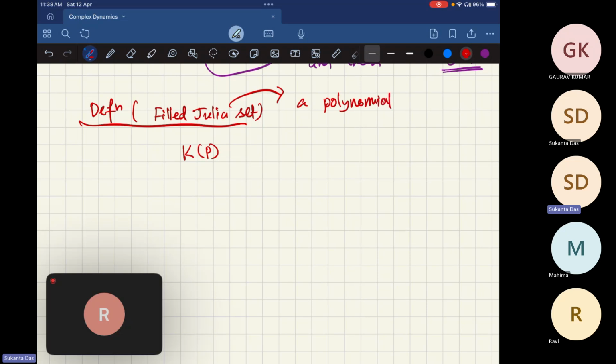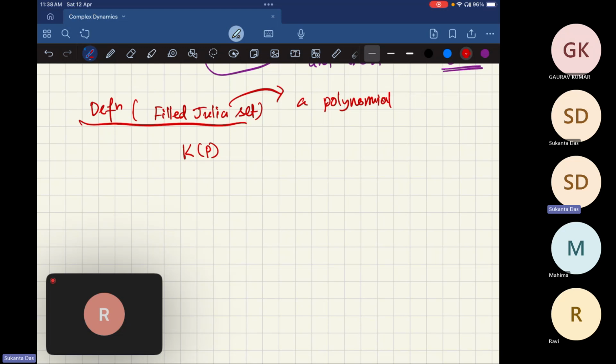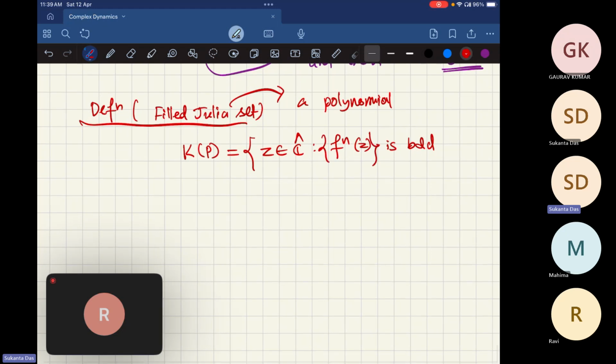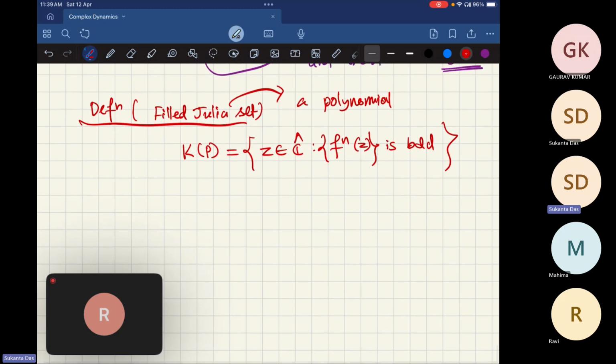I will say in a minute why it is not so important for transcendental functions. So Kp is the set of points in C hat such that f^n(z), this sequence of functions, is bounded. Okay, so this is called Kp.